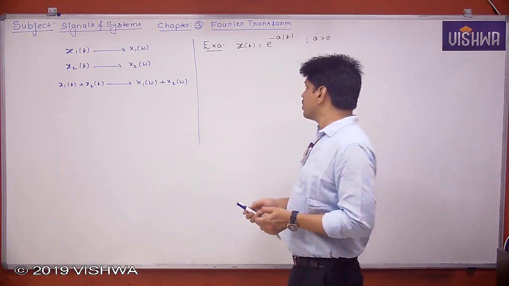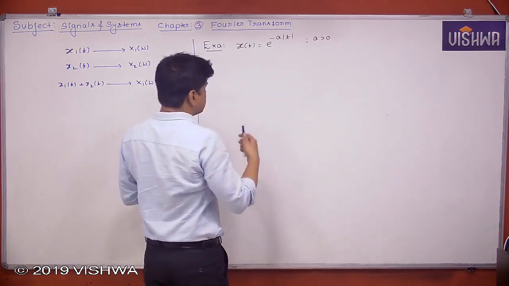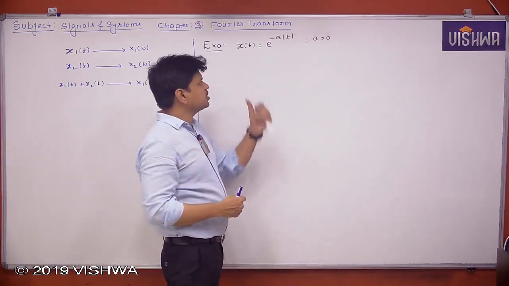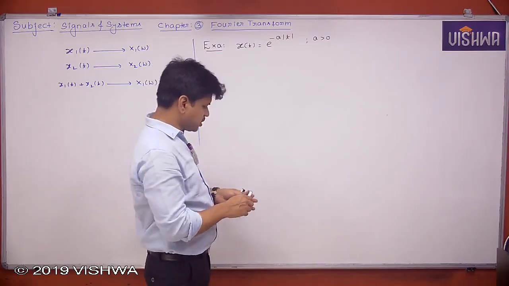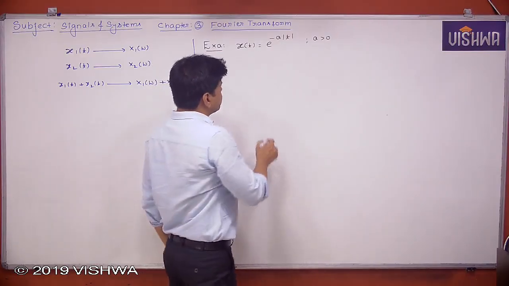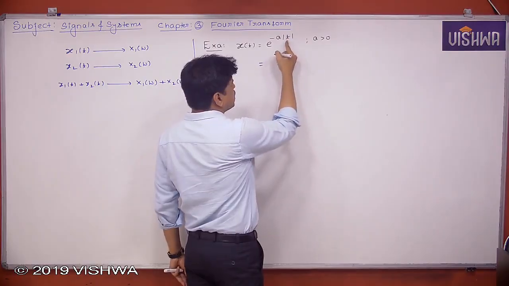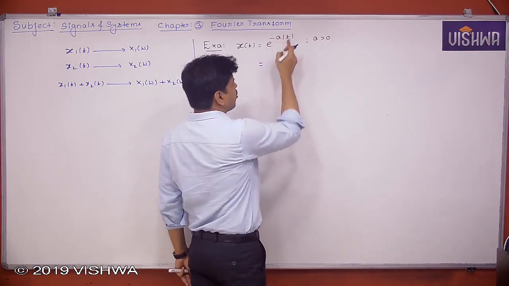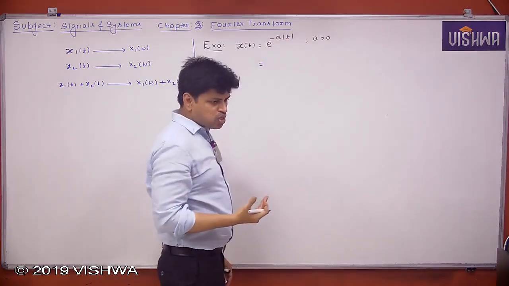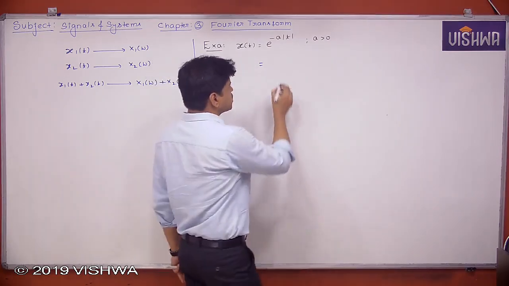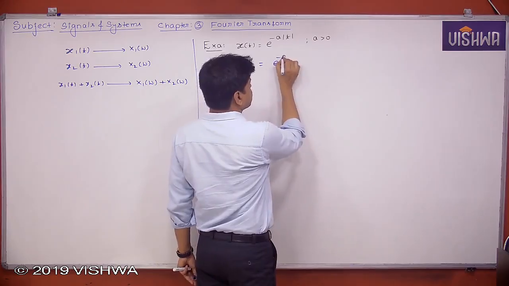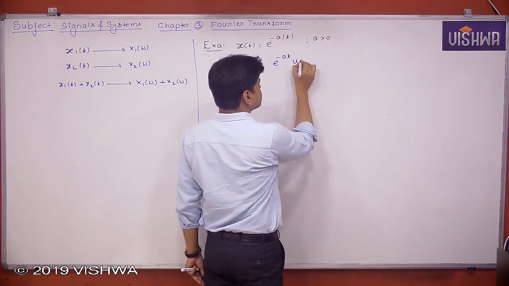For that, what we can do is write this function as a sum of two functions. If t is positive, then it is going to be e power minus at. If t is positive, I can multiply the function with u of t. Then it is e power minus at u of t.